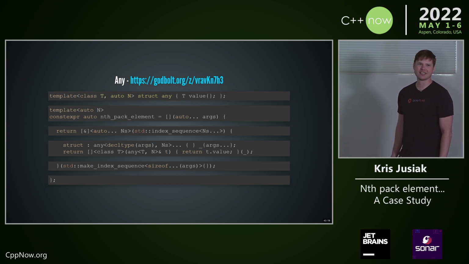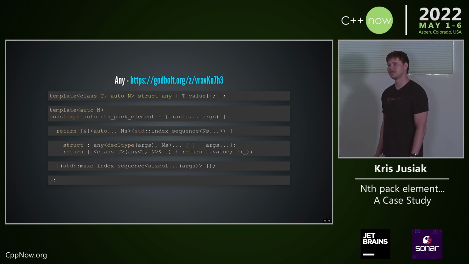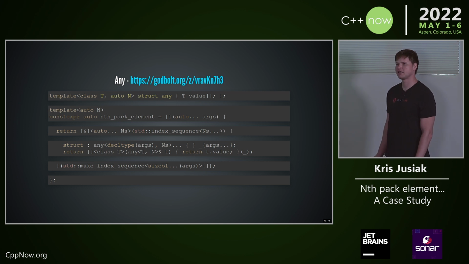Yeah. So in your benchmark, it looks like for each n, you're going to get a new instantiation of this whole construct. Right. Okay. I'm wondering if the struct was pulled out, so the struct with the whole pack is instantiated once, what the performance difference would be.